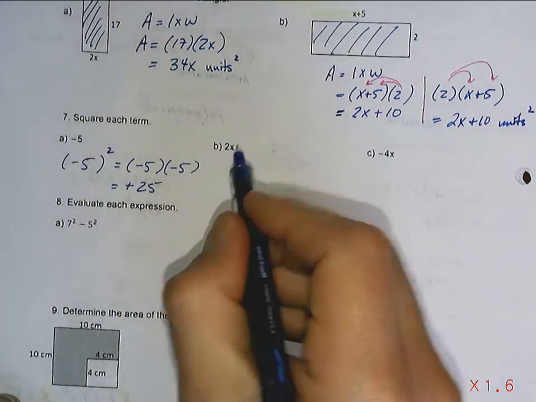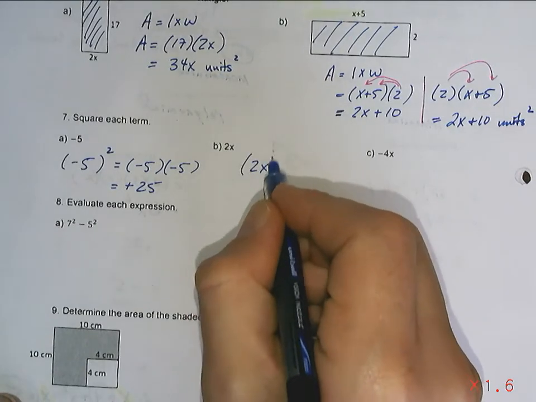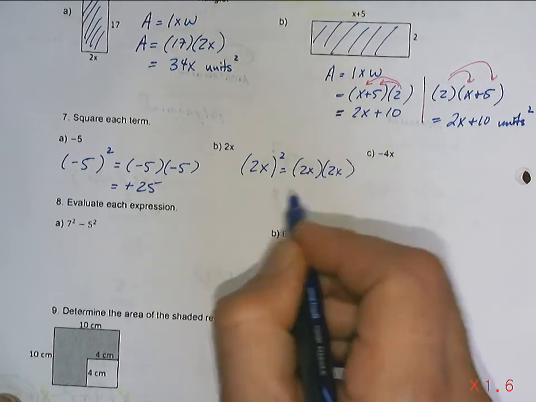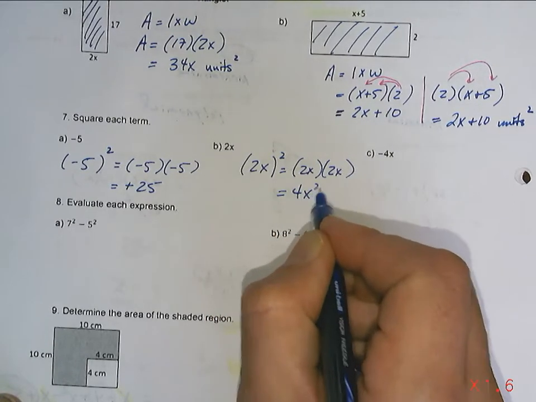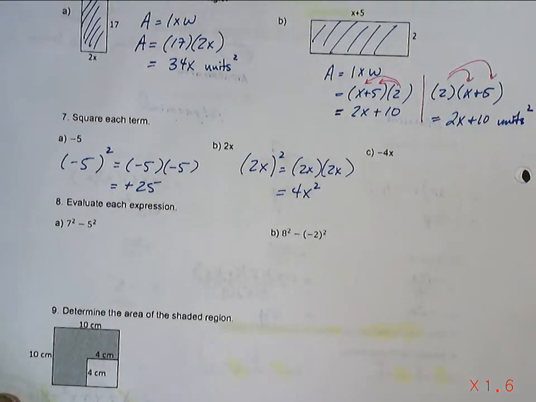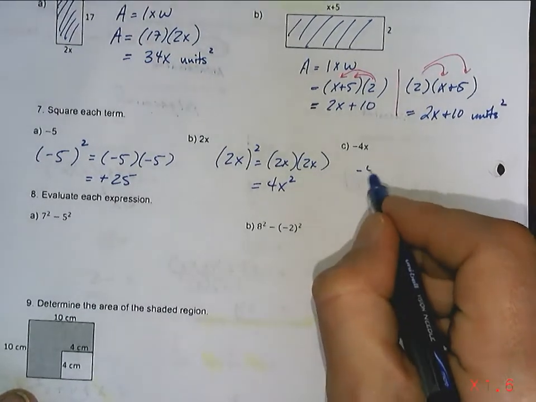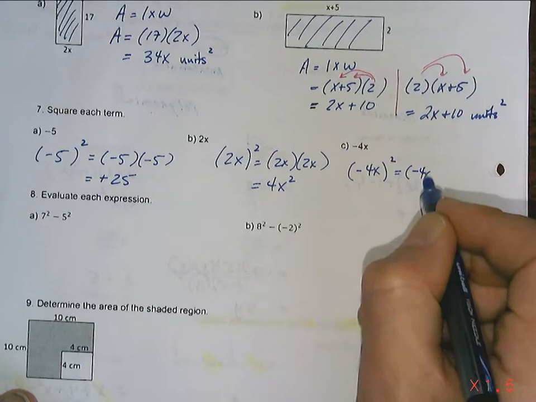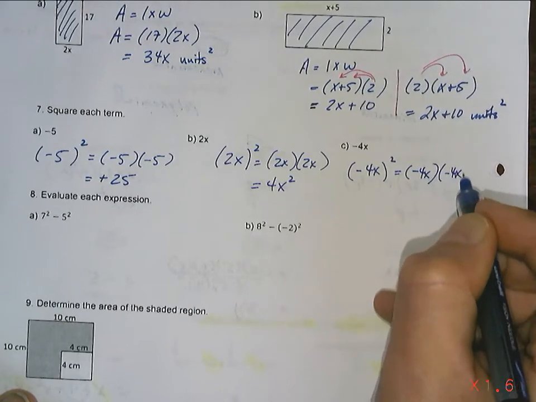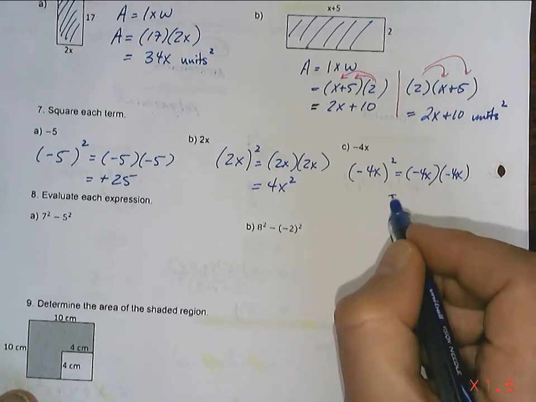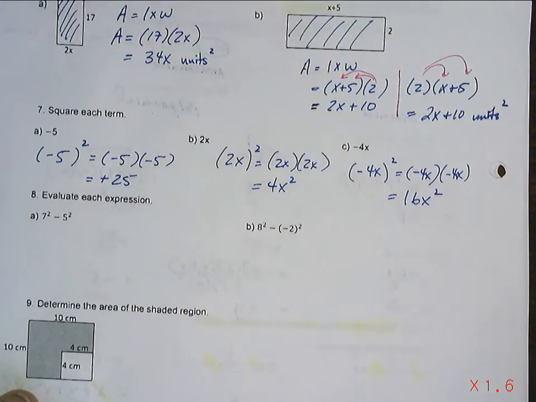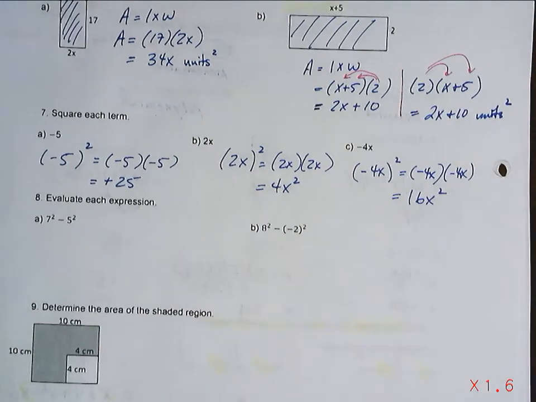If I take 2x and square it, I get 2x times 2x, which is going to be 4x squared. And if I take -4x and square it, it's -4x times -4x. -4 times -4 is positive 16. x times x is x squared. So I've just squared all of those terms.